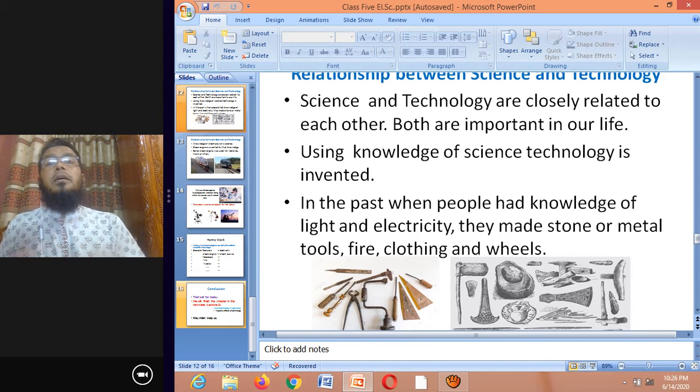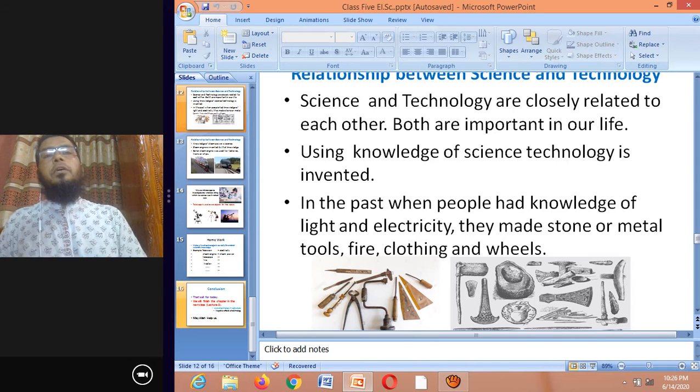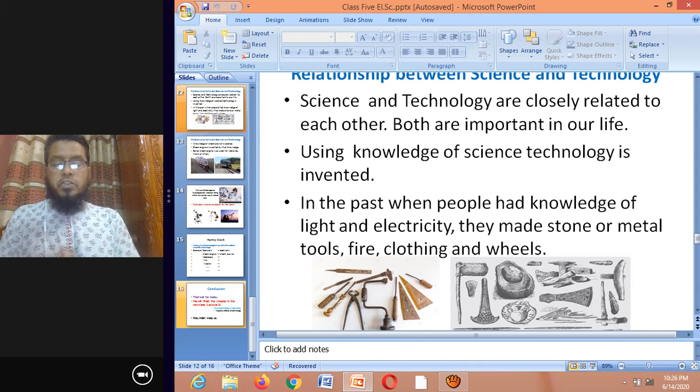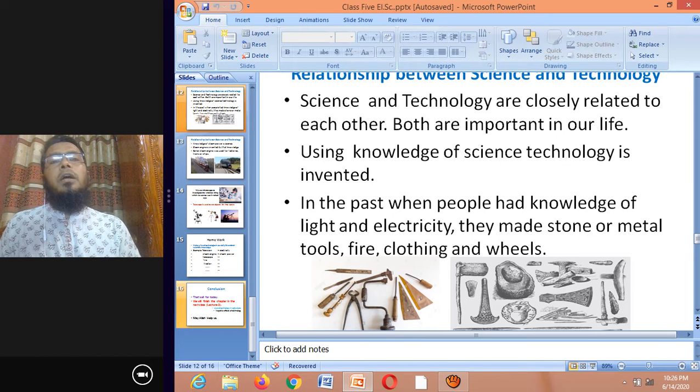But in the course of time, I mentioned that everything has changed. The 18th century was a period of great industrial revolution. That means in that period a revolutionary change took place in industry, particularly in the field of agriculture, manufacturing and transportation.